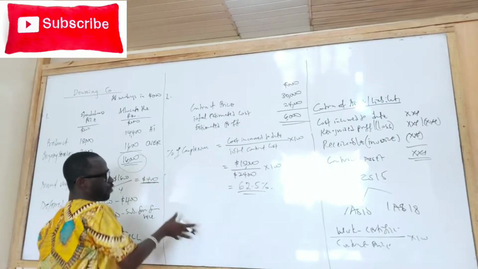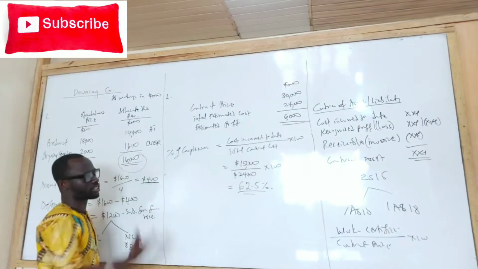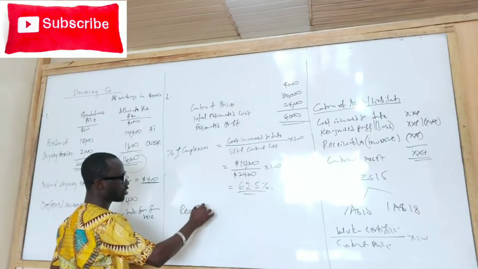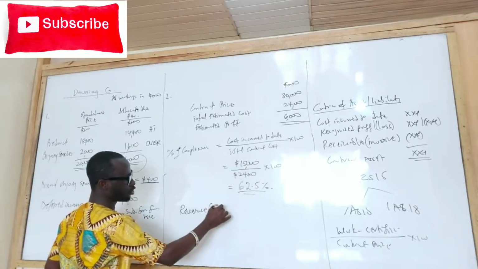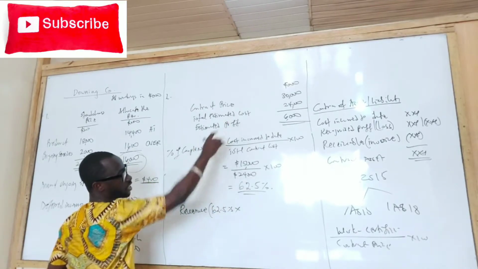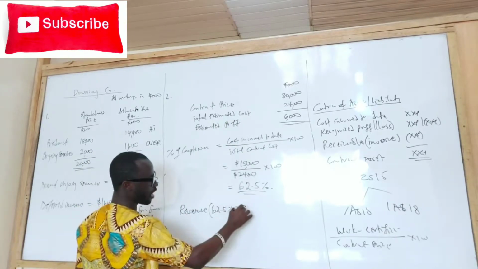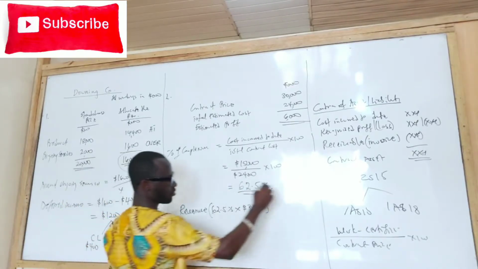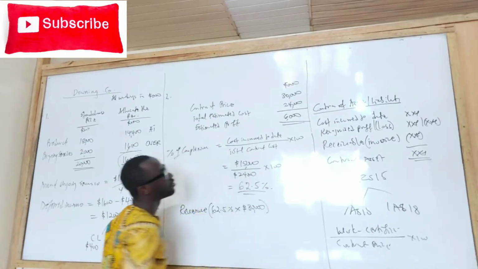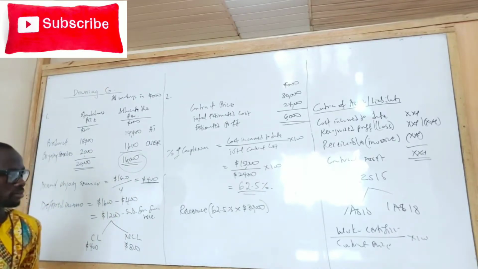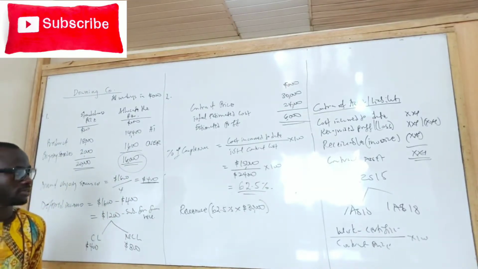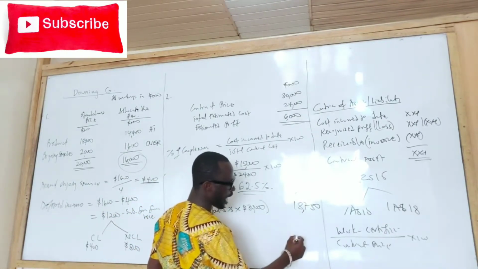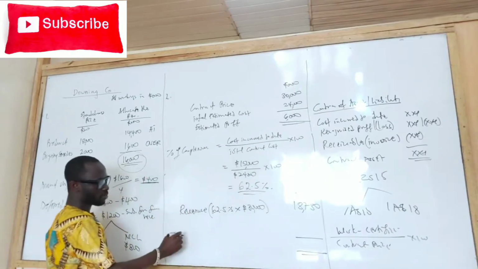So if we are preparing an income statement extract for this question, then our revenue will be 62.5% of the transaction price, which is how much? 30,000. So what do I have? 18,750.